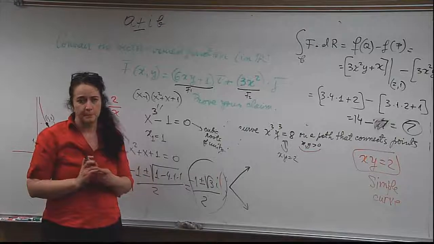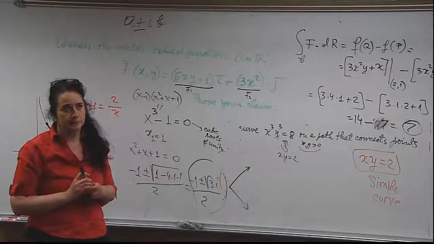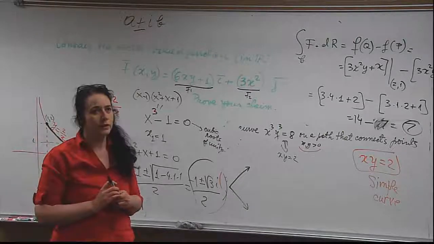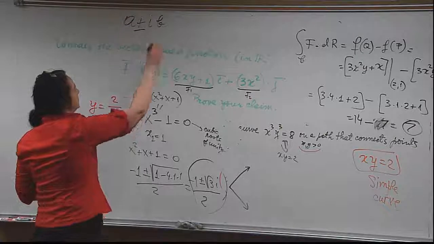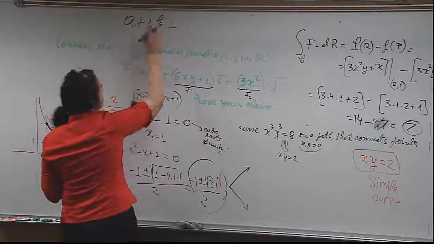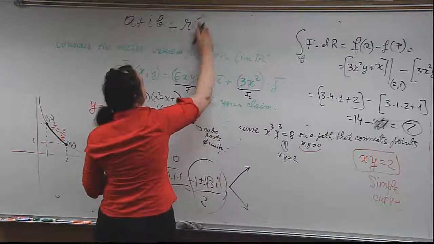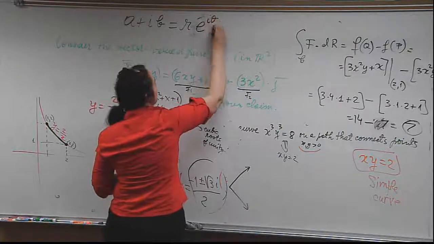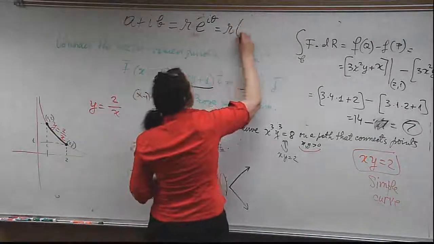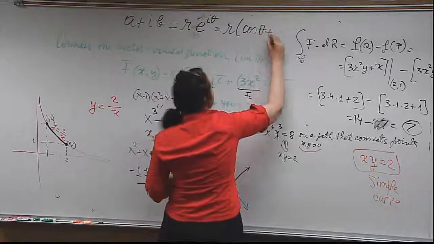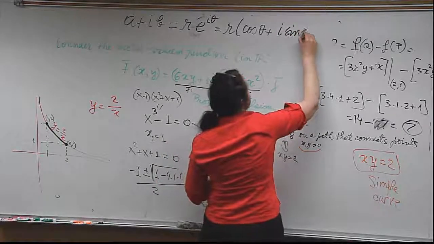Isn't it R e to the j? So you would have exactly what he says here: R e to the i theta. He knows a little bit more than most students. And that is cosine theta plus i sine theta.